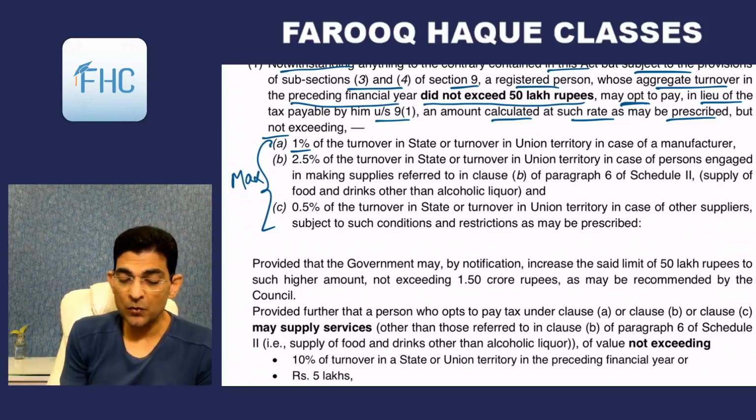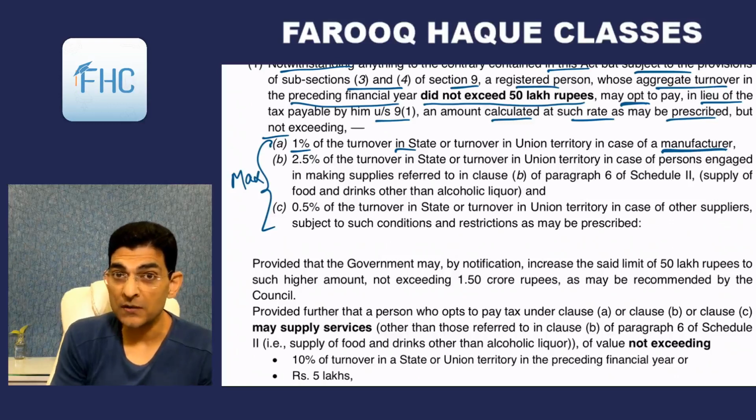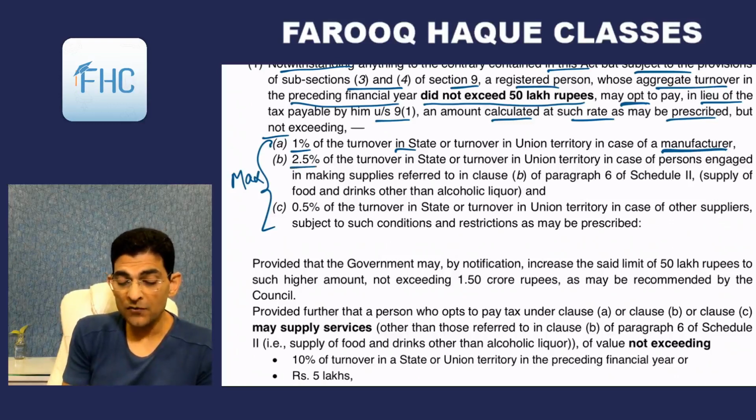So 1% of the turnover in a state or union territory in case of a manufacturer. So if you are a manufacturer, you manufacture goods and sell them, then the maximum rate for you can be 1 CGST, 1 SGST, so total can become 2%. Then 2.5% of the turnover in a state or in union territory in case of person engaged in making supplies referred to in clause B of para 6 of Schedule 2, means restaurant service.